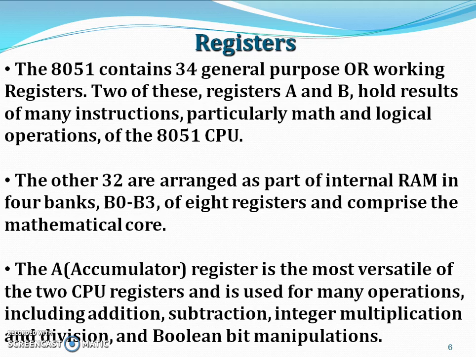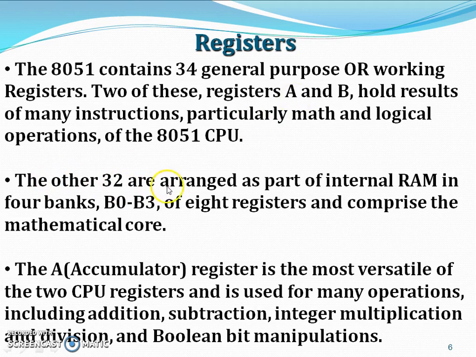If you are going to perform addition, multiplication or subtraction, we have to compulsorily use register A in some places, and in division and multiplication we have to use registers A and B both compulsorily. We cannot use other registers, right?